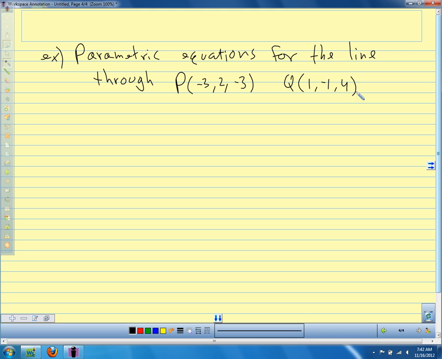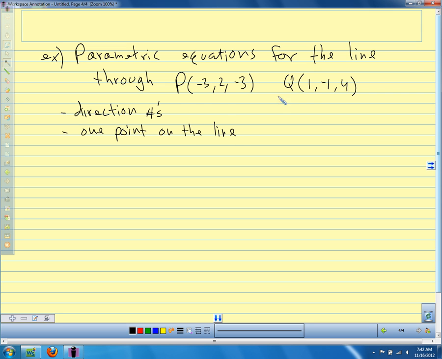So we need a couple of things here. We need to find our direction numbers, and we need to pick one point on the line.